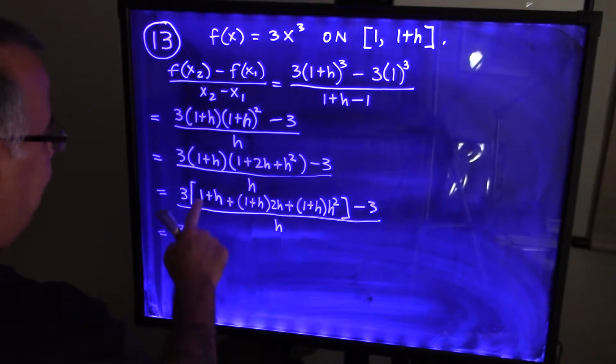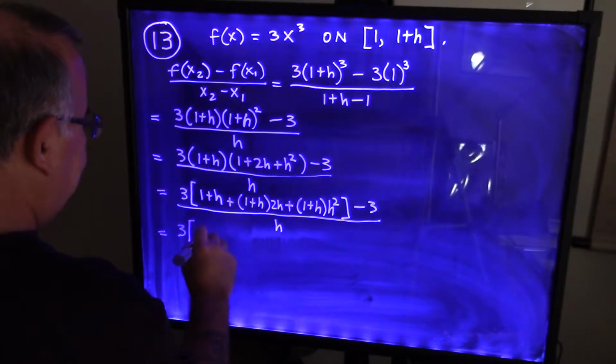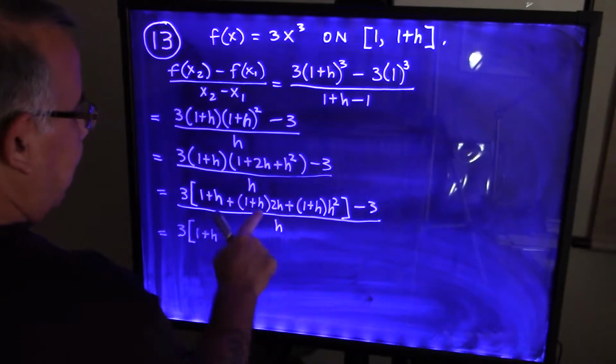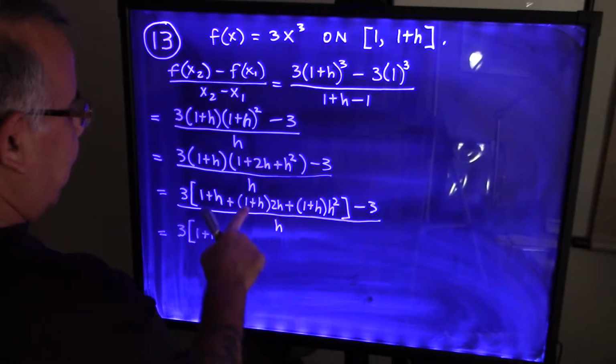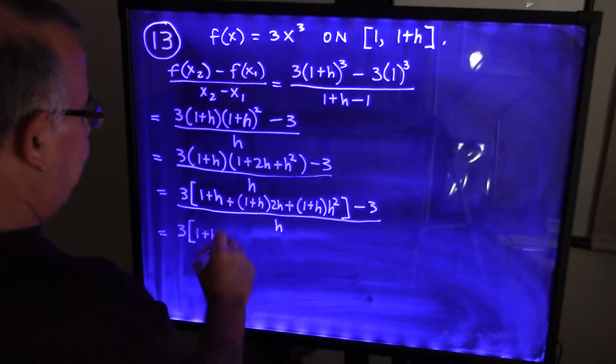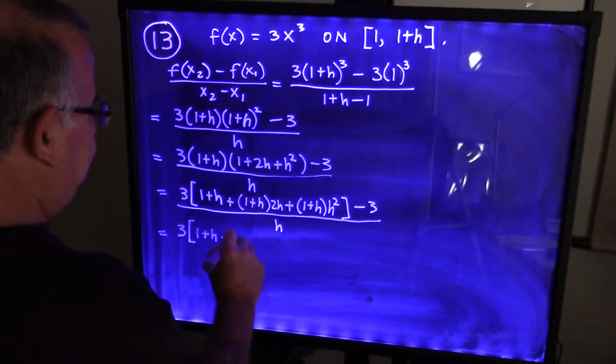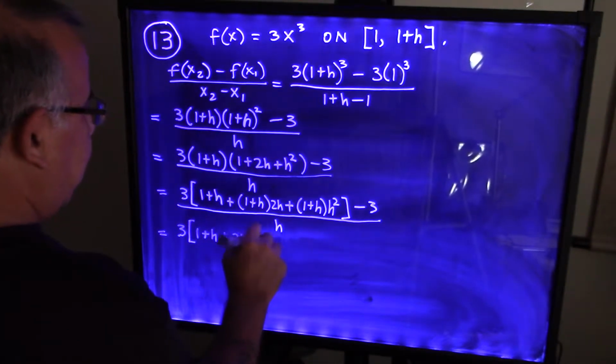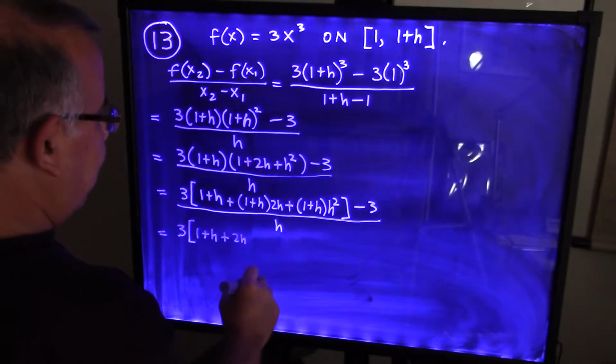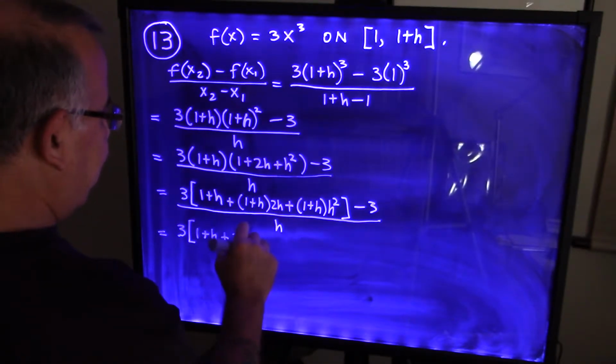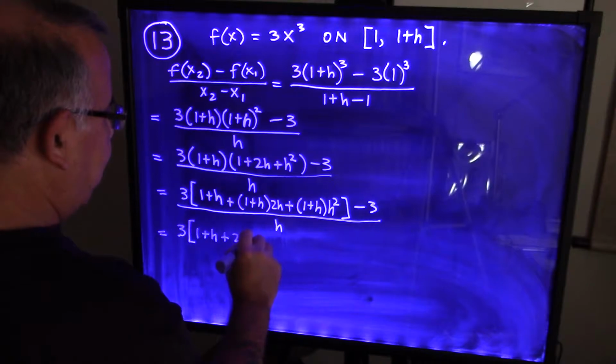Alright, so you got 1 plus h plus, now distribute the 2h through. That's 2h times 1 is 2h, so that's positive 2h. And 2h times h is 2h squared, so that's plus 2h squared.